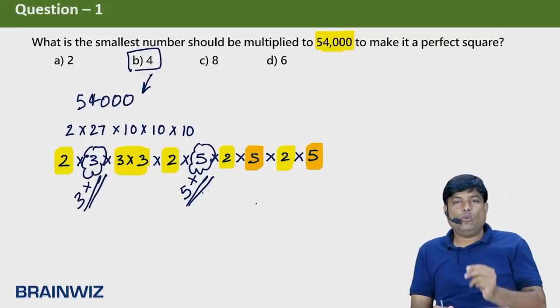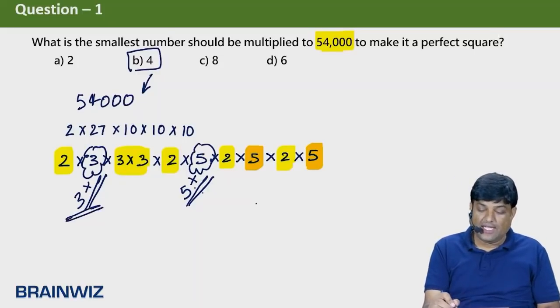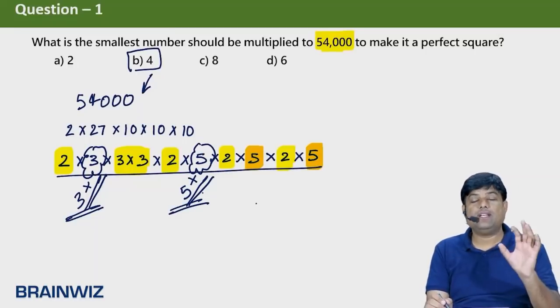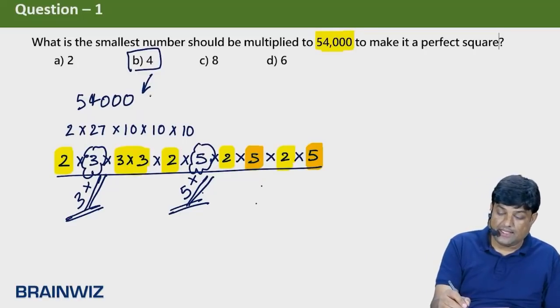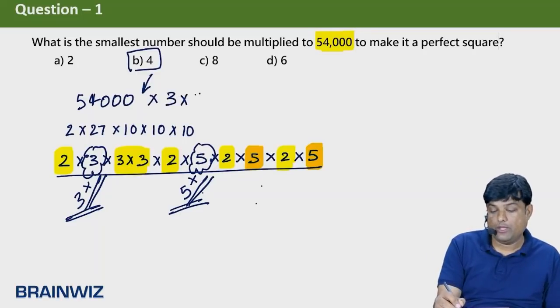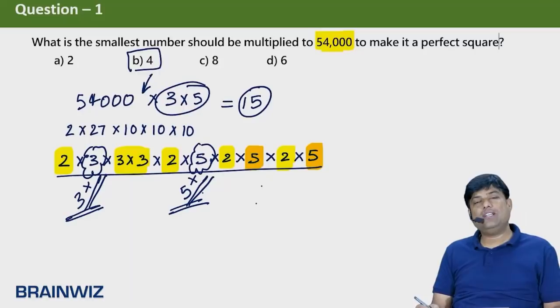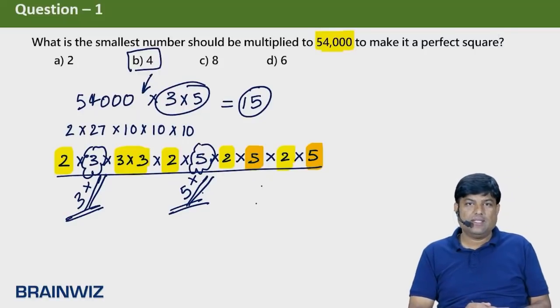So one 3 is missing and one 5 is missing. Students, if this 3 and this 5 are multiplied to this product, then it will definitely become a perfect square. So we have to multiply both numbers, called 15. If you multiply 15 with this number, it will definitely become a perfect square. Hope students, you have understood this first question.